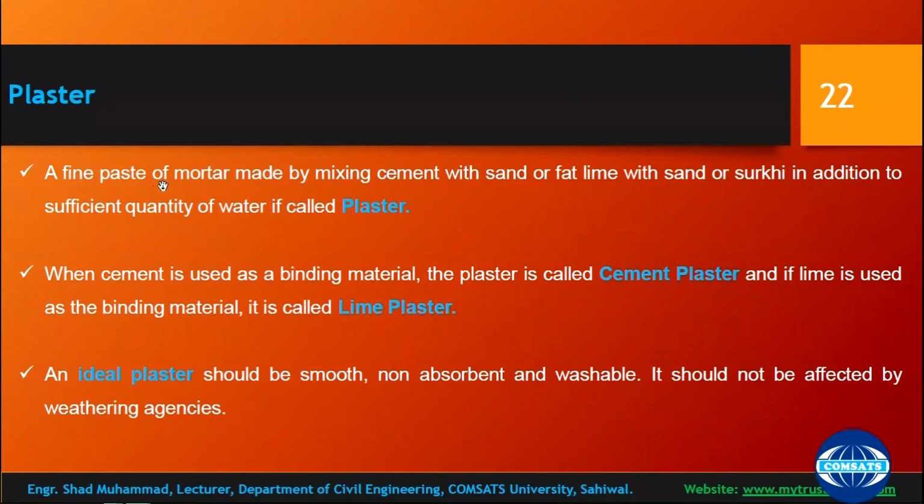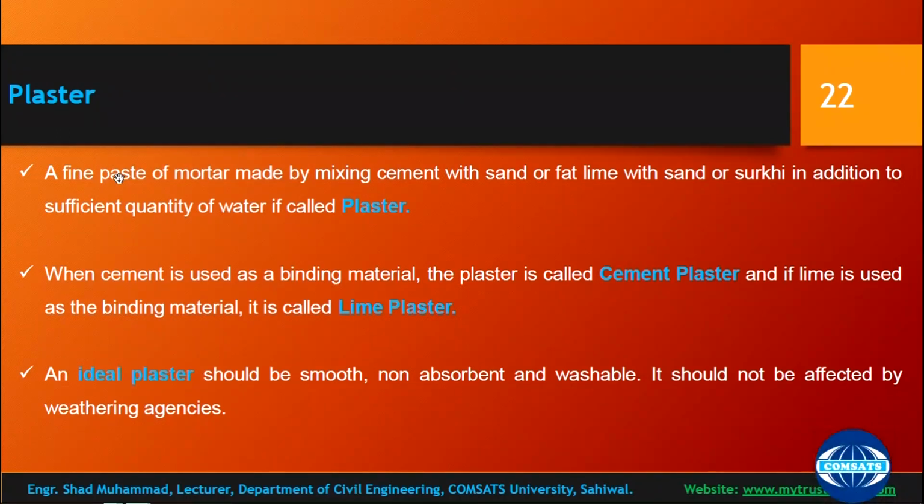Alright, plaster. What is plaster? A fine paste of mortar, or in Urdu or Hindi you can say plaster. A fine paste of mortar made by mixing. It's not coarser.